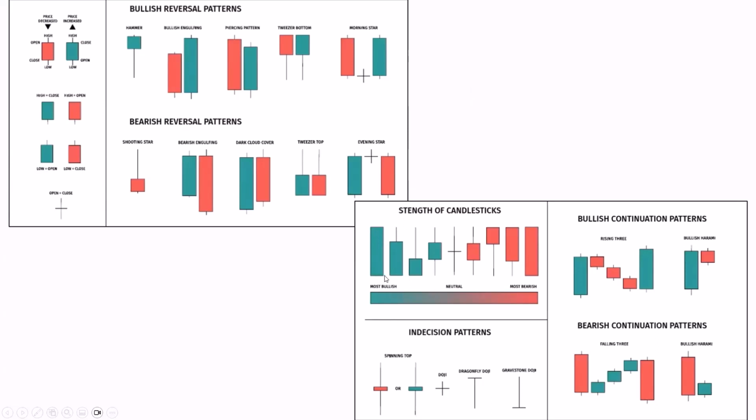This slide shows you the most bullish to a neutral position. So this is neutral. It's like a spinning top where you've got wick. It couldn't close at the bottom, couldn't close at the top, so it's kind of neutral. And then the bearish is the same way. It's where you don't have any kind of wick on the top and bottom. That's an indicator that bears are in the market. It's going to want to push down.